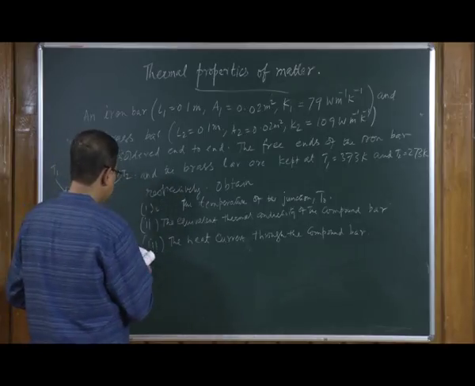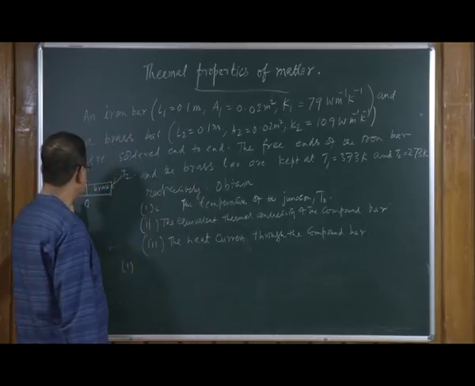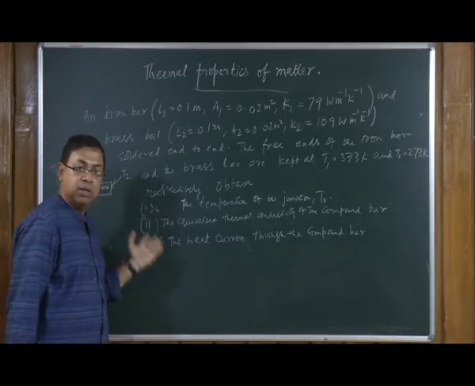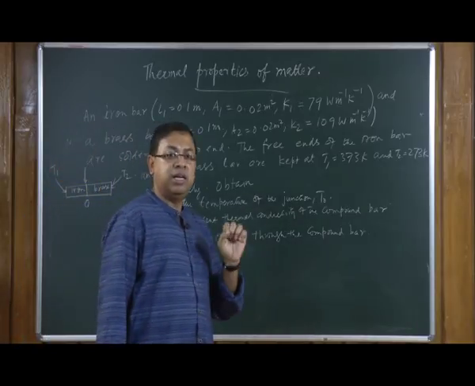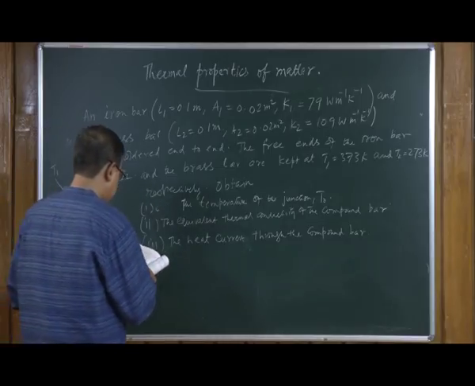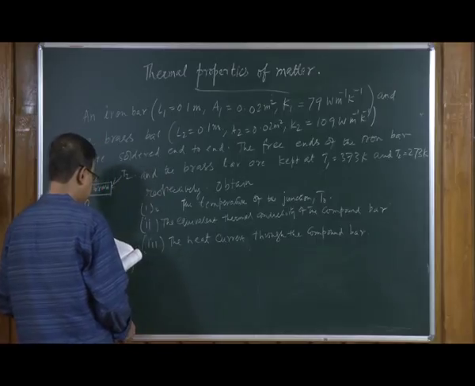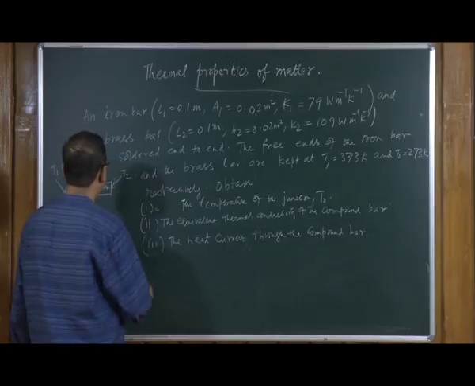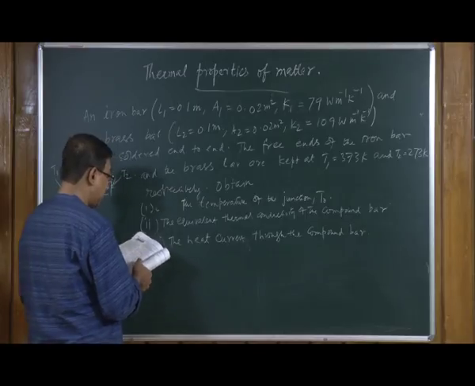So, we understand that a steady condition is achieved, that is heat will start flowing from the hot end to the cold end, and the passage of heat will continue until a temperature equilibrium is established in the whole material. Under that steady condition, the heat that flows through the iron bar is equal to the heat that passes through the brass bar.